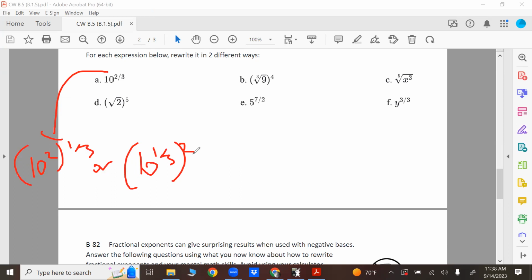Well, you might have worked it out. So square root of 16, okay, just 4.